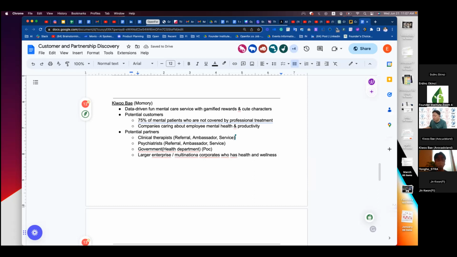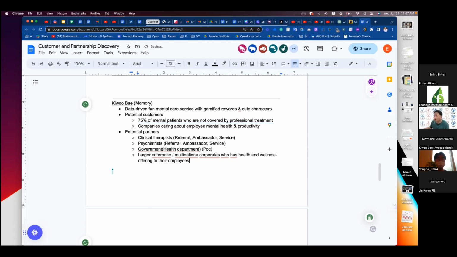Who has health and wellness? I don't know the better English term. Transnational companies who have a health and wellness department, right? Because it's just clients, maybe, offerings to their employees.